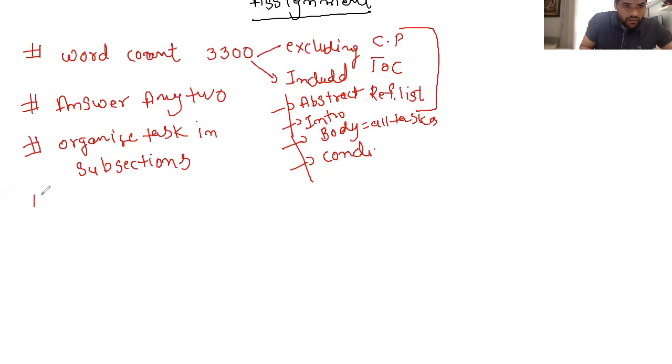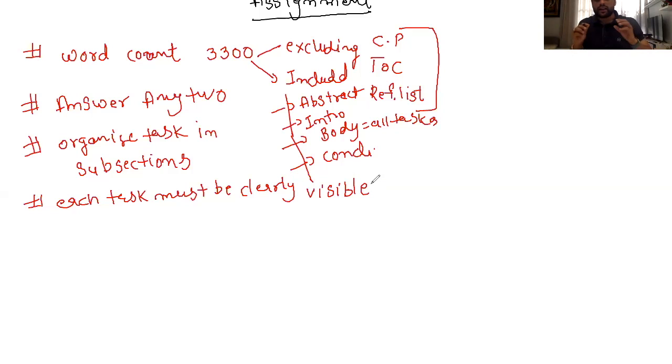Next one is each task must be clearly visible. Whenever you are starting a new task, I suggest that when question one is finished, if you have some space left on that page, leave that page empty.